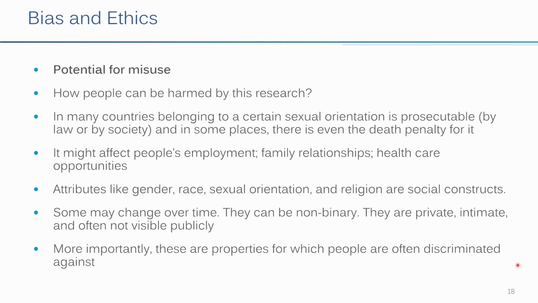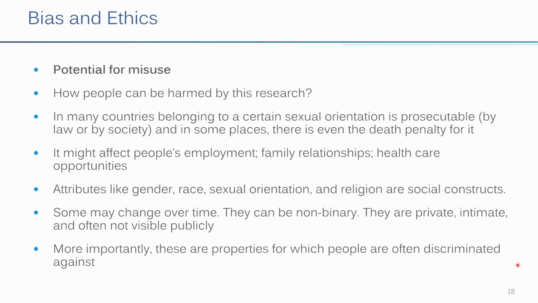So attributes like gender, race, sexual orientation, and religion are social constructs. And not to mention they change over time. So imagine an institution or a research group releases a list of, hey, these are the features that make a person belong to a certain sexual orientation group.